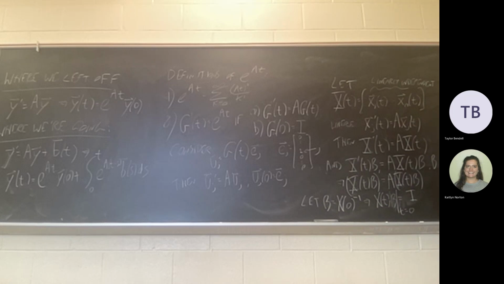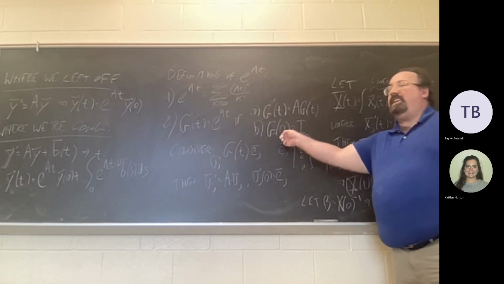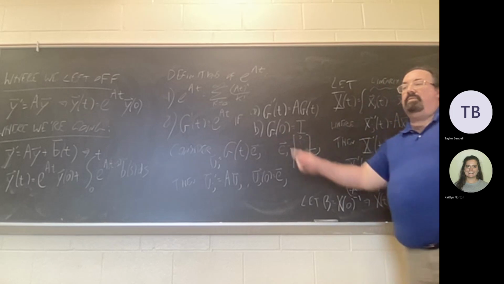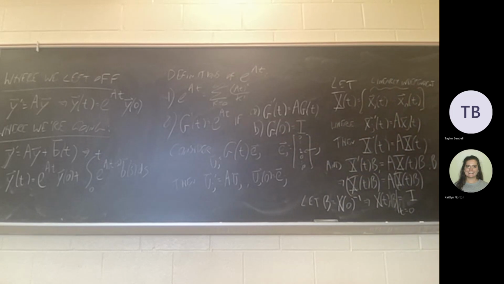So now I have a matrix that satisfies the second condition for a matrix exponential. That tells me that X of t times X of 0 inverse is G of t. It is a matrix exponential.